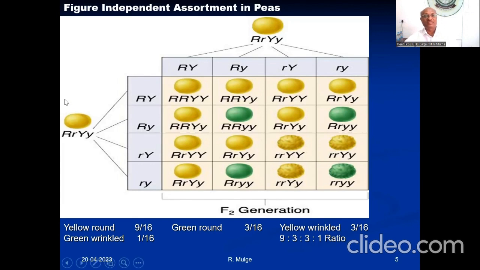Here the characters they took were yellow, round, green, wrinkled, the seed color and shape, taken together. Sometimes the same character can also be controlled by two genes. Then you will have four different morphotypes phenotypically appearing, and I have plenty of examples. So this is the formation, I think you have realized.